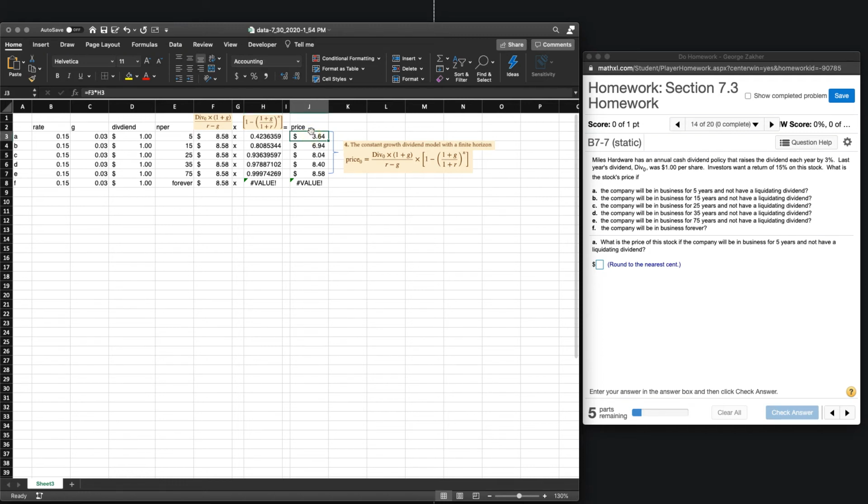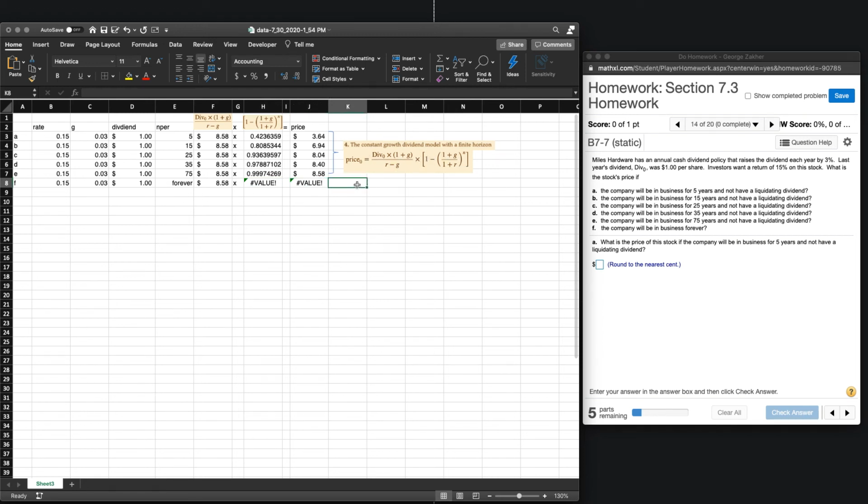Now look what's happening here. Technically we shouldn't be using the same formula. If you recall, what should we be using? Remember, it's the constant growth with an infinite horizon.